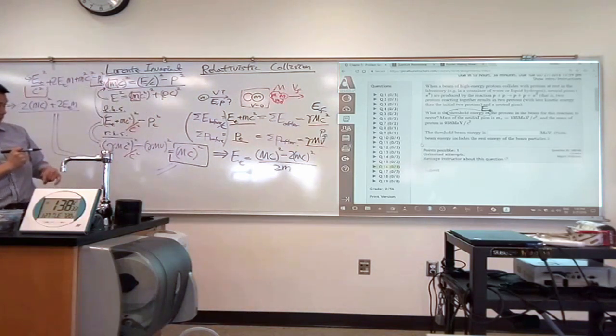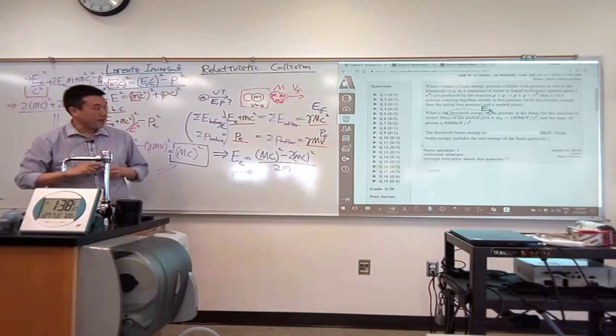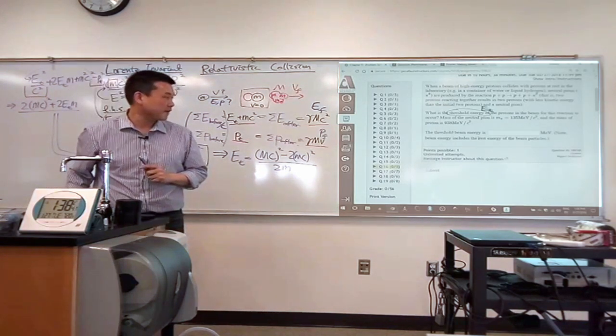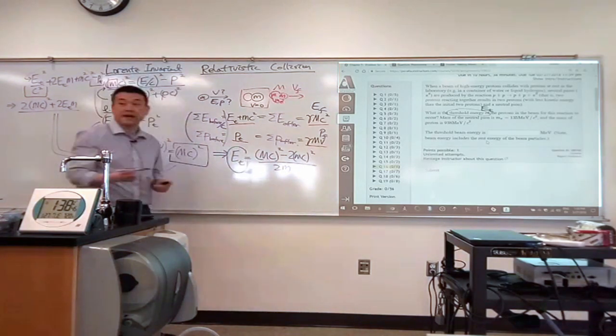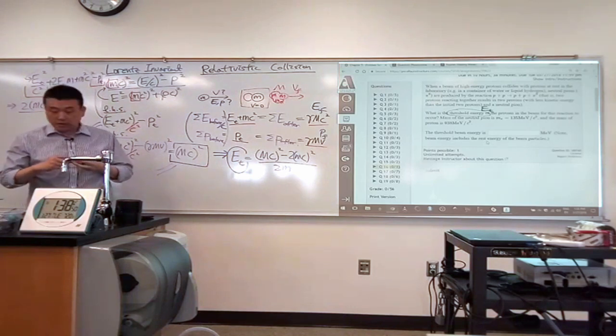And here, let me just double check that the energy that they want is the total energy. It doesn't say kinetic energy anywhere. It includes the rest energy. So it's just asking for this actual total energy, not the kinetic energy only. Let's plug in the numbers.